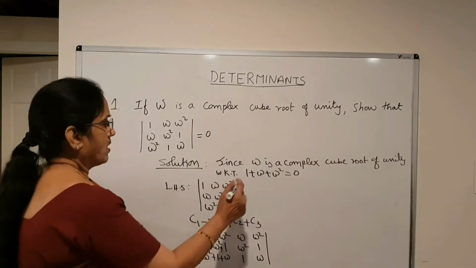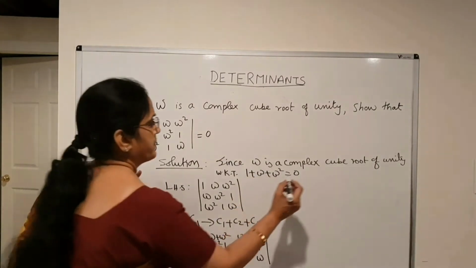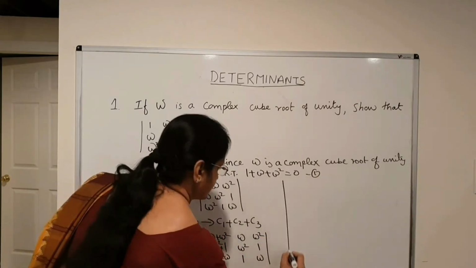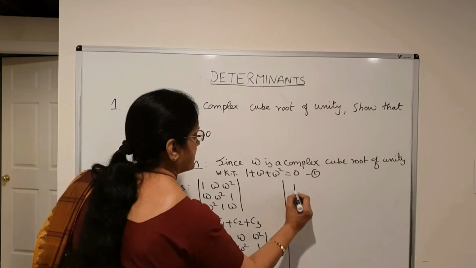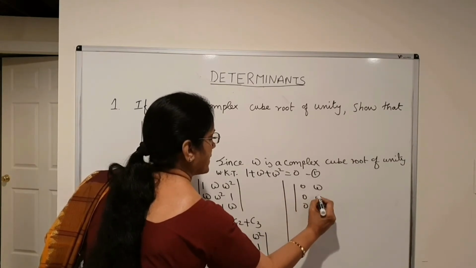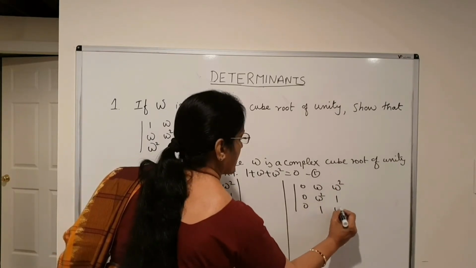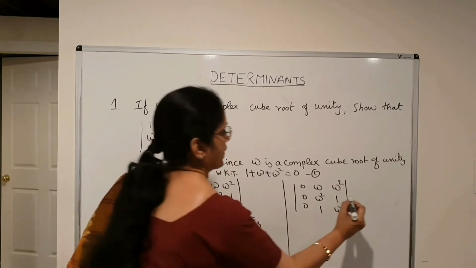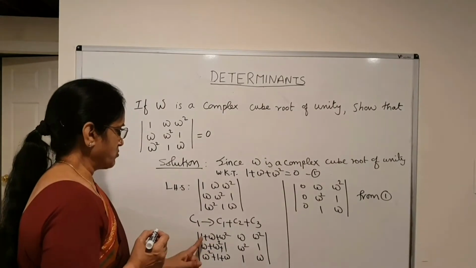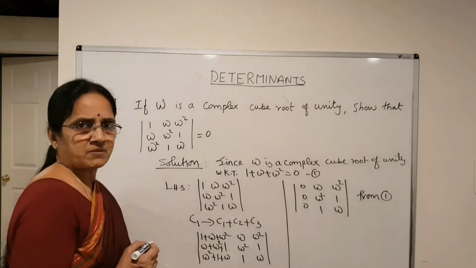Okay. Now, already I know 1 plus omega plus omega square equal to 0. So, name this as 1. Then, this implies I get determinant 0, 0, 0, omega omega square, 1 omega square, 1 omega from 1. I have replaced 1 plus omega plus omega square. Here also everywhere you are having the same term, 1 plus omega plus omega square.